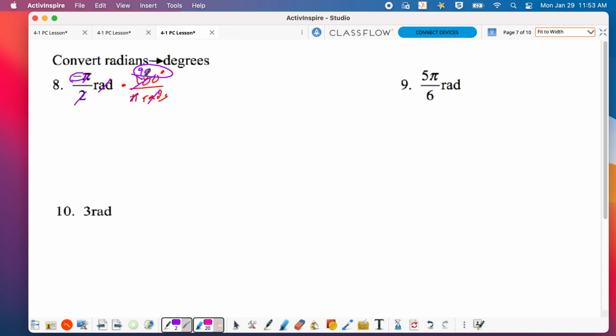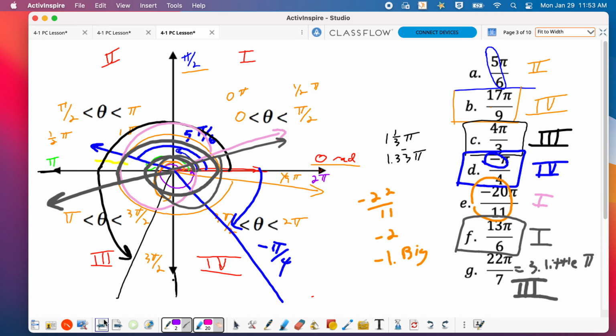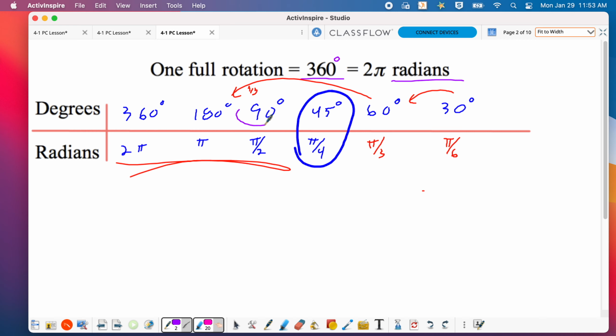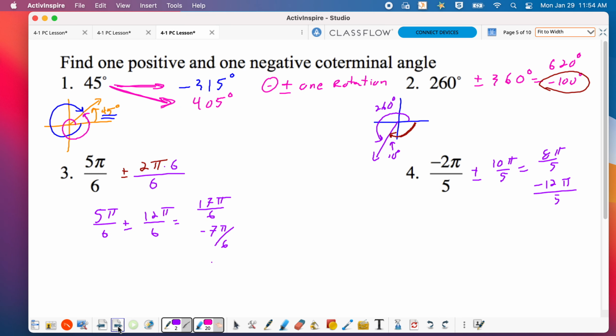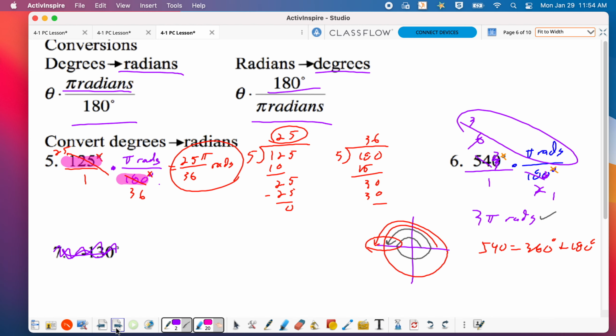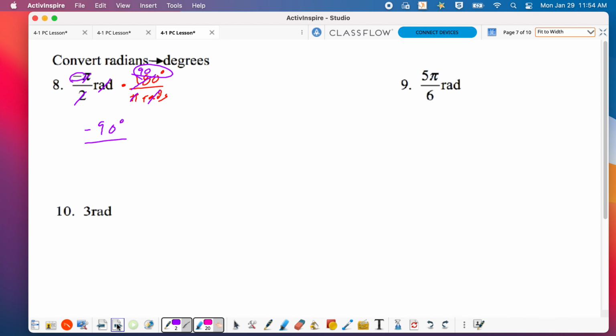So I get negative 90 degrees. After we do this one, I hope you realize that we should have known that one without doing the conversion, because going back to our second slide, we said that 90 degrees is pi over 2. So if I put a negative in front of both of them, negative pi over 2 is going to give me negative 90 degrees. All right? The more we do these, the better we're going to be at them. It's going to work out a little bit easier.